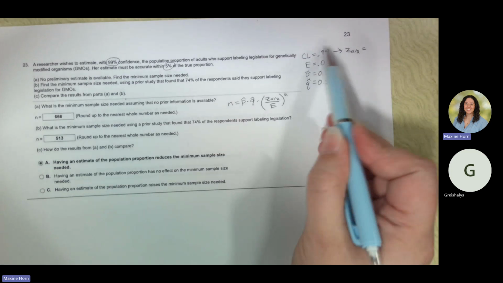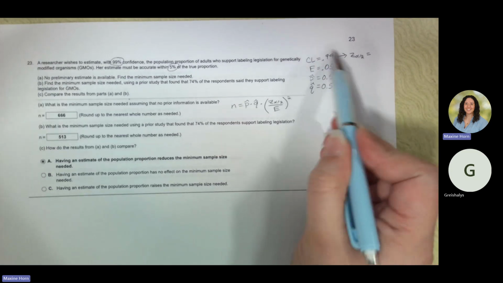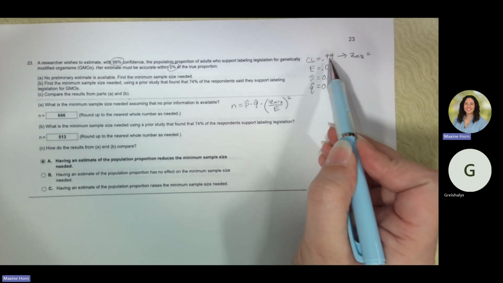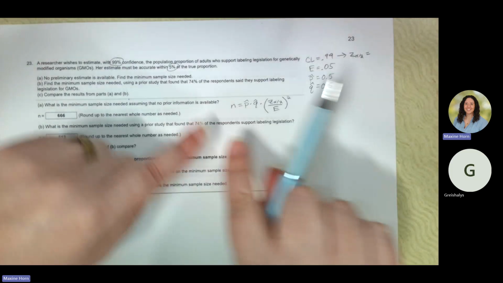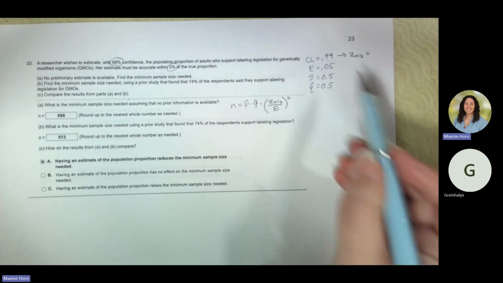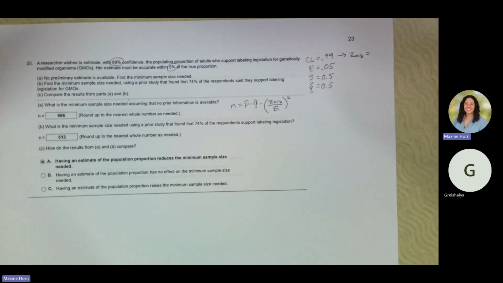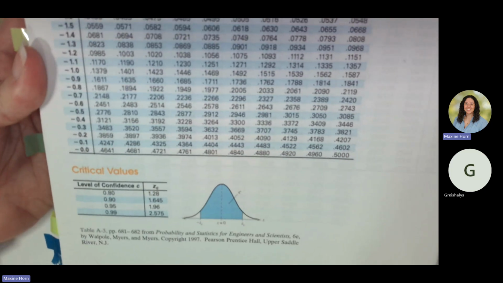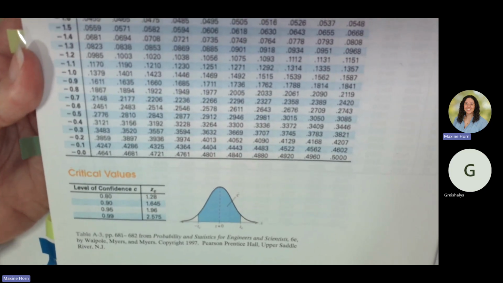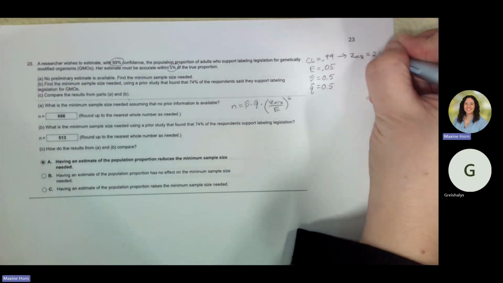Let's see if our table shows us real quick what this is, so that we don't have to put it in the calculator or look it up on the big table. If it is on the tiny little table, it saves us time. And sure enough, there it is, 0.99. The corresponding z-score is 2.575. Awesome deal for us, and that's even faster than getting it in the calculator.